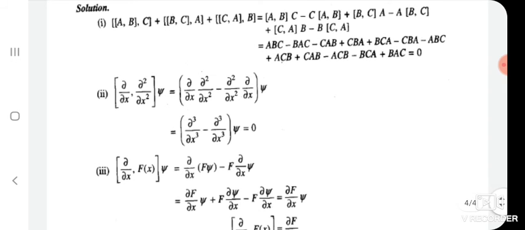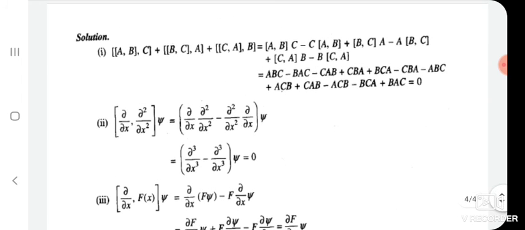Let's forget about the first example, which we will discuss in the next lecture. Now focus on the second example.